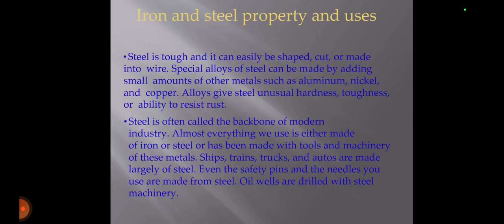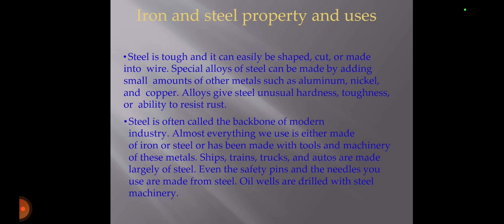Iron and steel properties and uses. Steel is tough and it can easily be shaped, cut or made into wire. Special alloys of steel can be made by adding small amounts of other metals such as aluminium, nickel and copper.